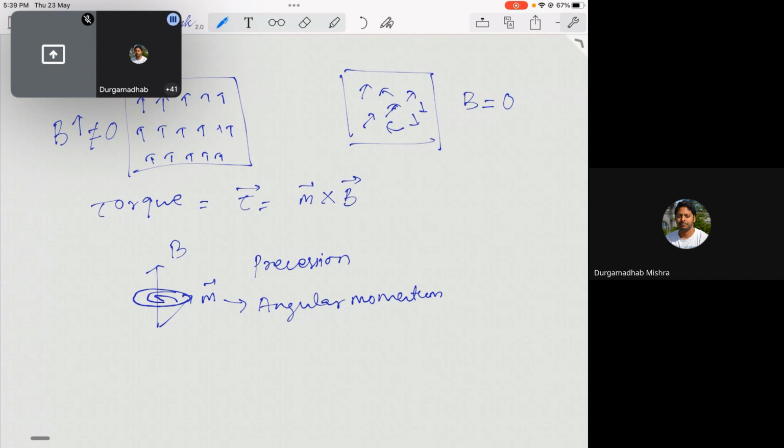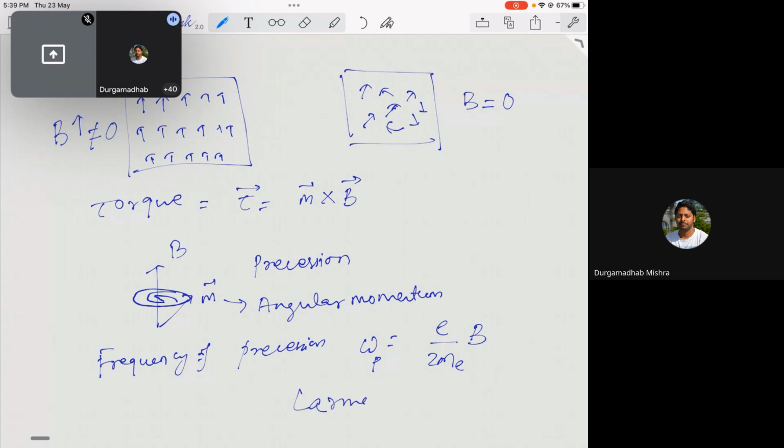And the frequency of precession is given by some fundamental units, e by 2 m_e times B. This is known as Larmor precession.